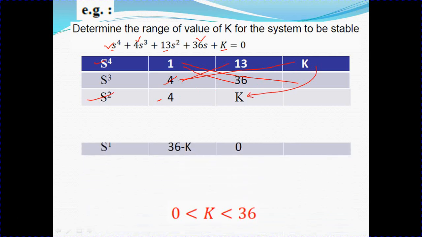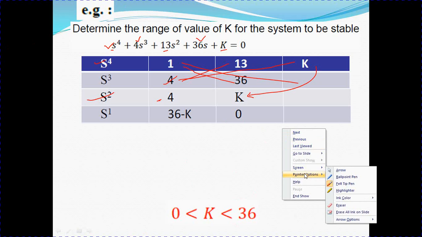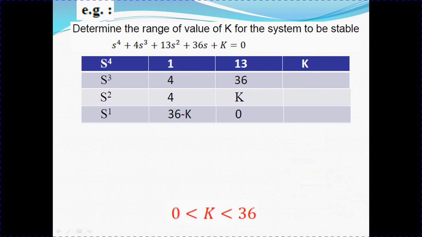So now we need to calculate the s to the power 1 row by using the s square and s cube rows. To get the elements of this row, we need to multiply these two, that is 36. Okay, so here you can see, to get the s to the power 1 row, it will be now 36 into 4 minus 4k, divided by 4.